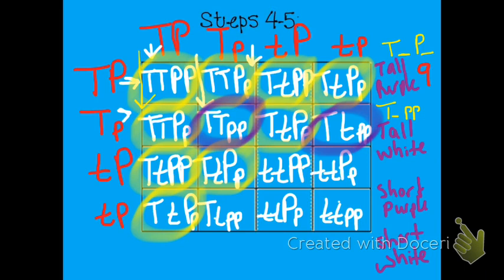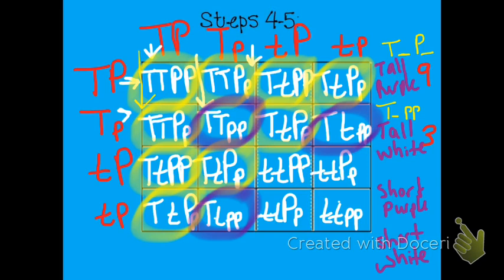It doesn't look like any in our third row are going to count because we don't have any capital T's left in that row. And in our fourth row, we're only going to have this one here. That's the only one that has one capital T and two little p's. So we're only going to have 1, 2, 3 that end up being tall with white flowers out of these offspring.